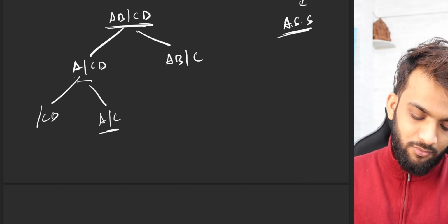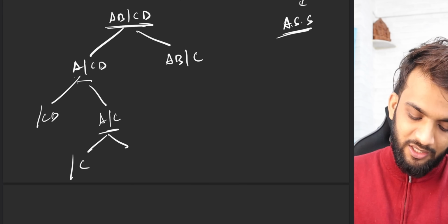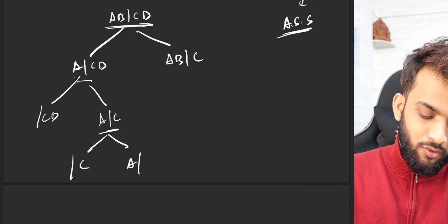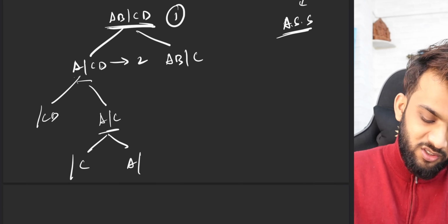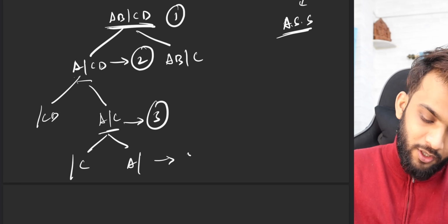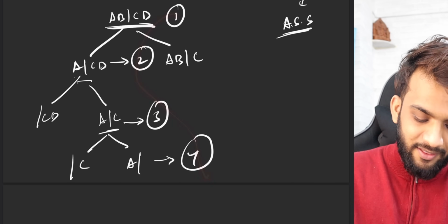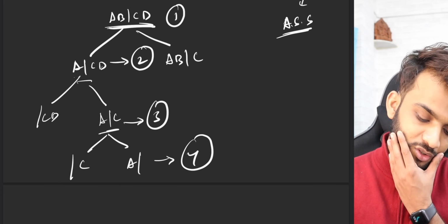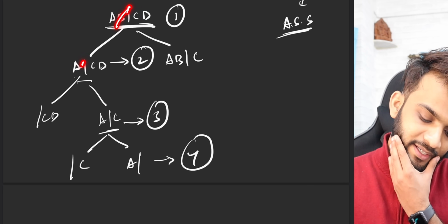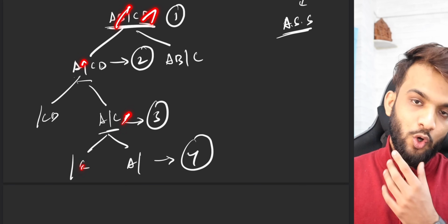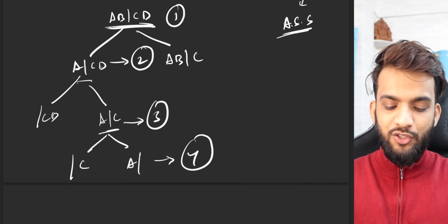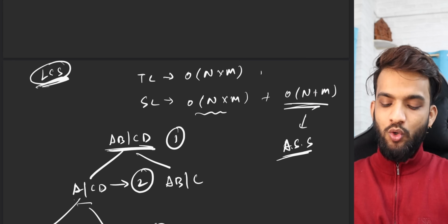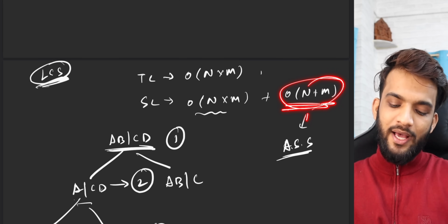Over here again in 2 directions, you either eliminate a or you eliminate c. So if you carefully observe, step 1, 2, 3, 4. So at max the depth is 4, length 2 plus length 2, because what we did was we deleted b, we deleted d, we deleted c. So with alternative deletions, there can be n deletions from string s1, and m deletions from string s2. Thereby, the auxiliary stack space will go as n plus m.